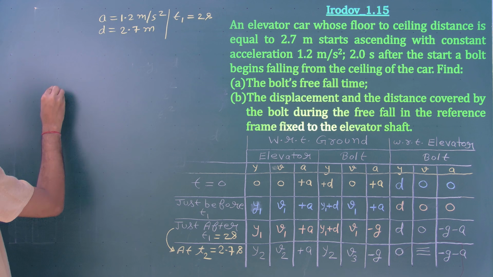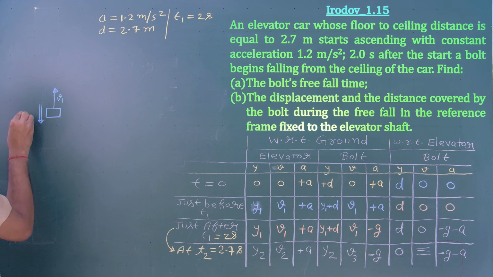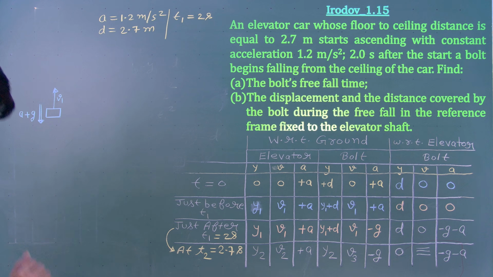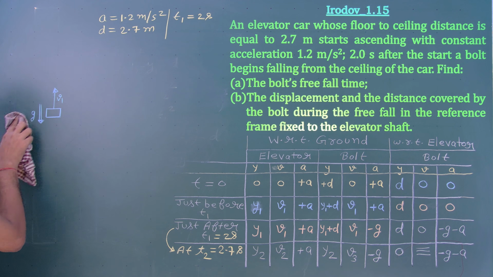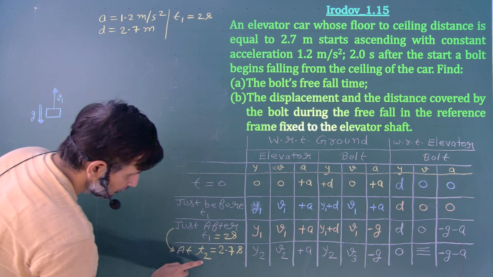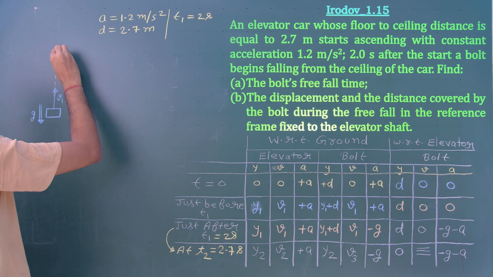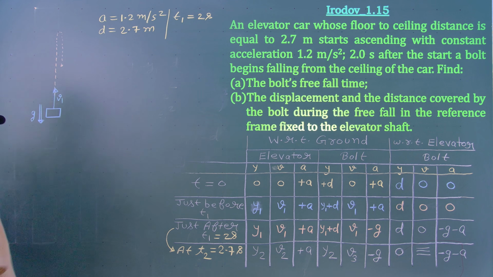It is moving with velocity v1 and its acceleration is downward. Not a plus g, its acceleration is just g, because we are calculating in the frame of ground. Now, how much time will it move? T2 minus T1. So in time T2 minus T1, it will go up and come down.